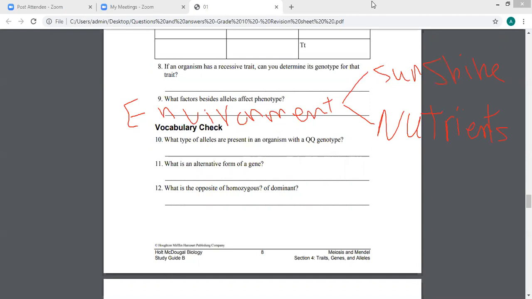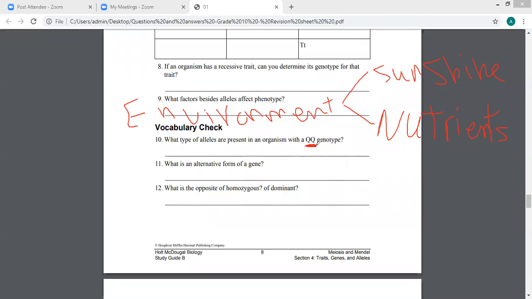Number 10. What type of alleles are present in an organism with a capital Q genotype? It's very easy. Two letters, similar, capital. The first part, they are similar, so they will be homozygous. The second part, they are two capital letters, so they will be dominant.